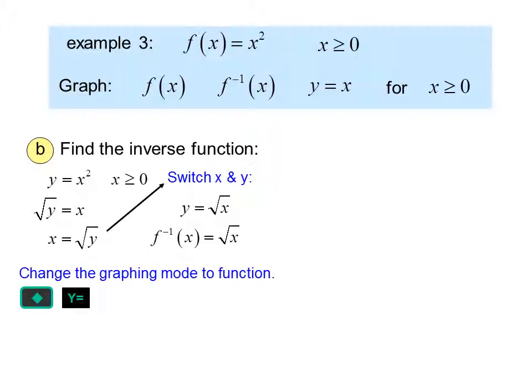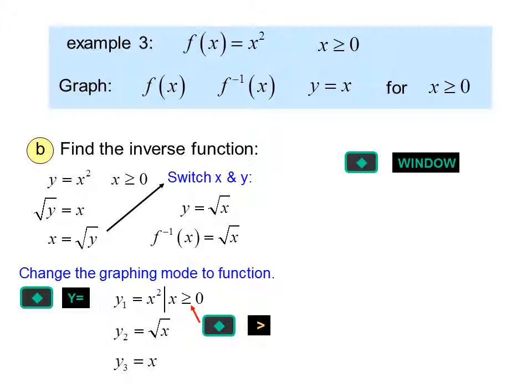We change the graphing mode to function. Diamond y equals, y1 equals x squared such that x is greater than or equal to 0. Greater than or equal to is diamond greater than. y2 equals radical x. y3 equals x.